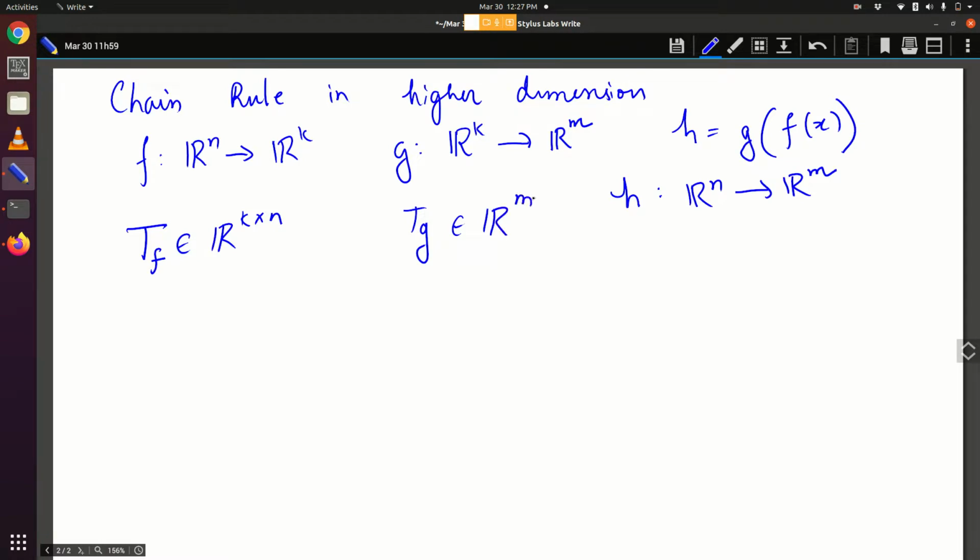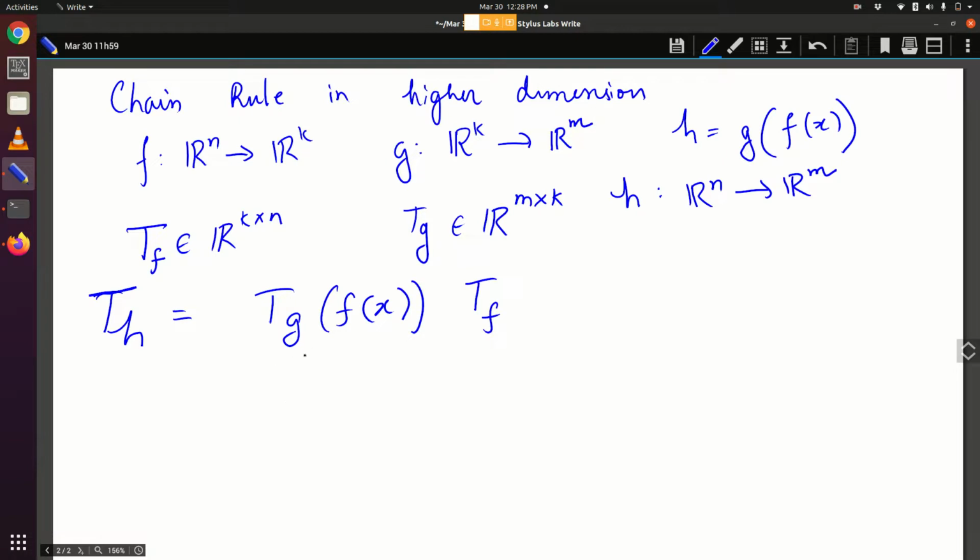When you take the derivative of h, the chain rule says you take Tg evaluated at f of x, times Tf.